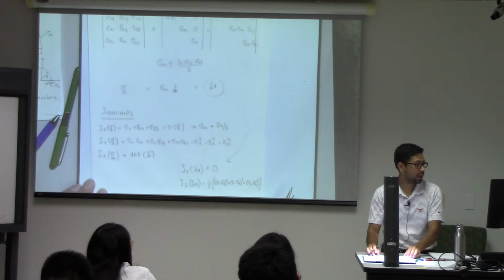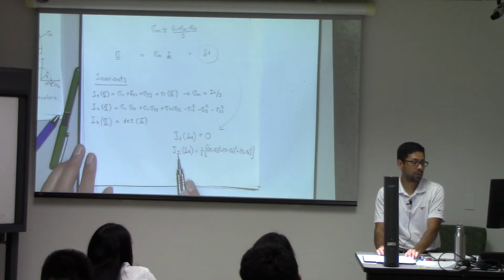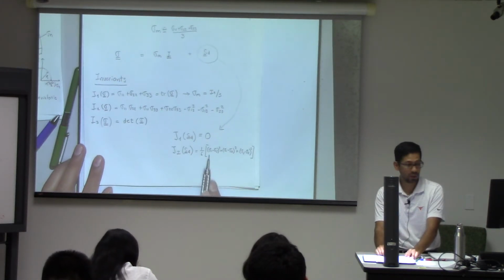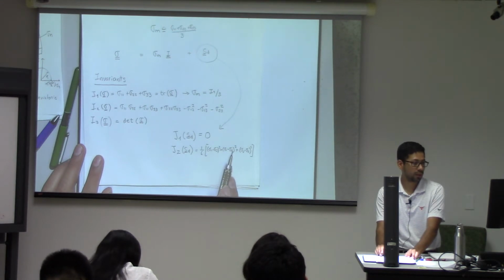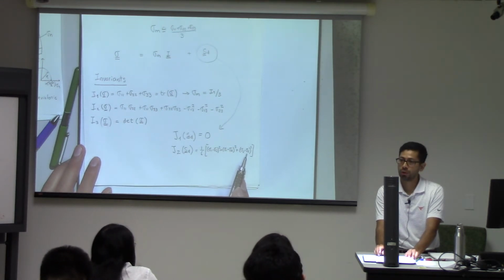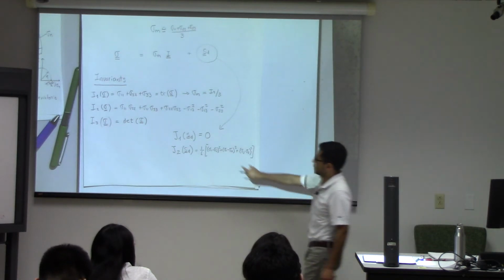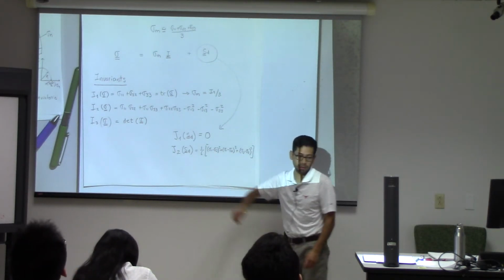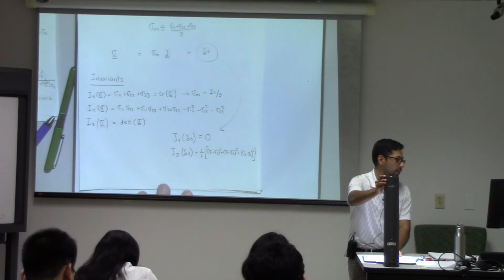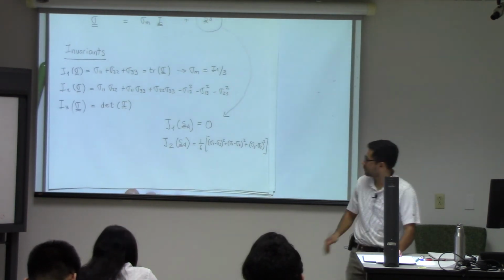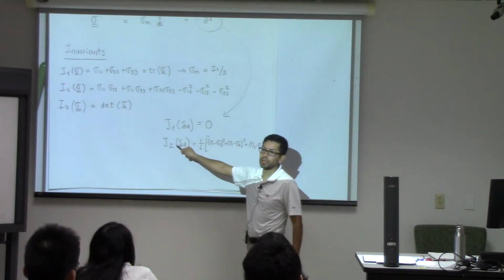In the 3D case, we use J2. You see this is the difference between the principal stresses. The bigger the difference between the principal stresses, the bigger J2 is going to be.